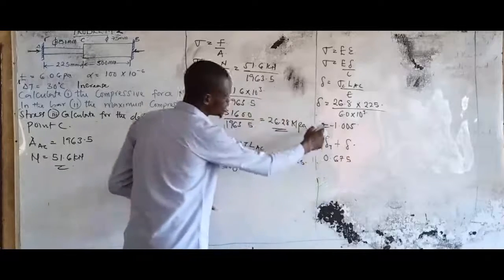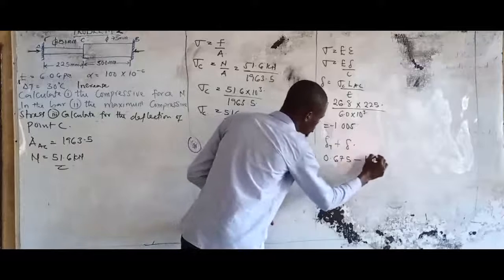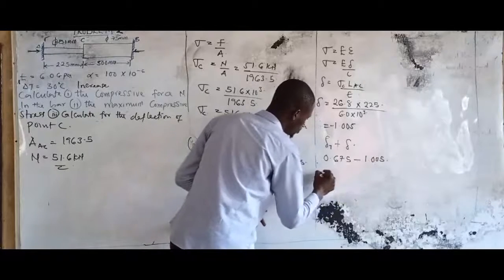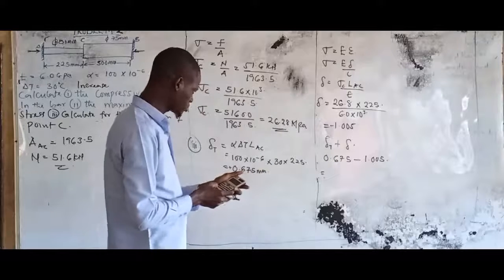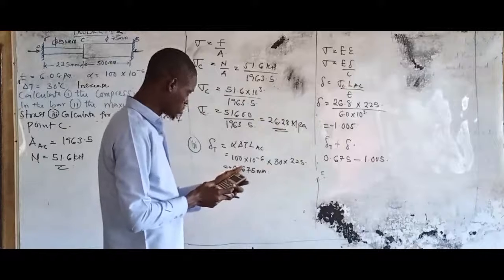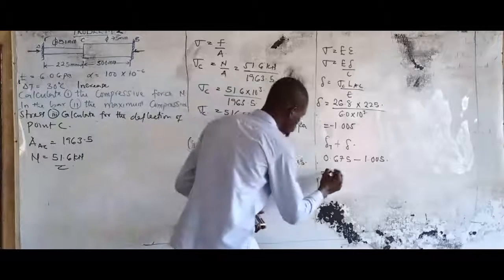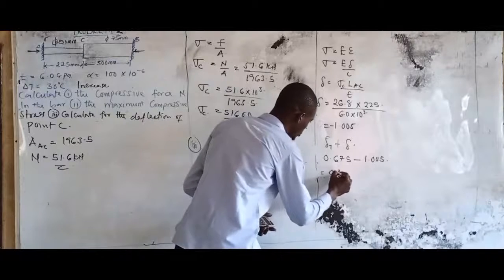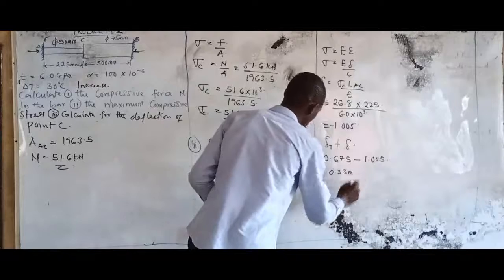0.675 plus d, which is minus 1.005, which will give rise to 0.675 minus 1.005, which will give rise to 0.33 mm.